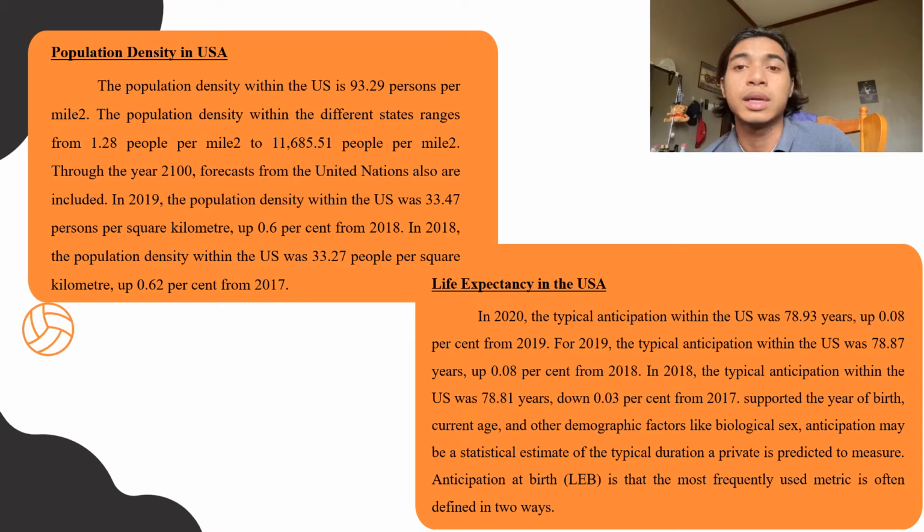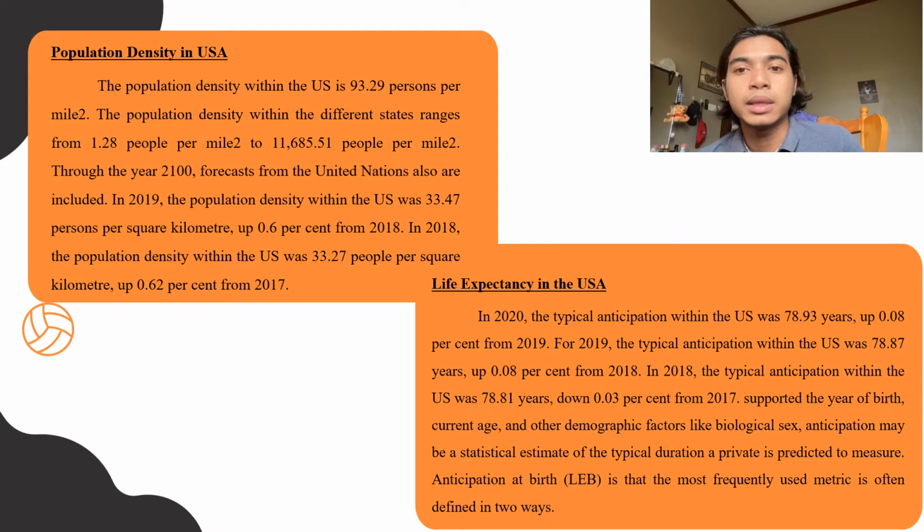In 2019, the population density within the US was 33.47 people per square kilometer, up 0.6% from 2018.